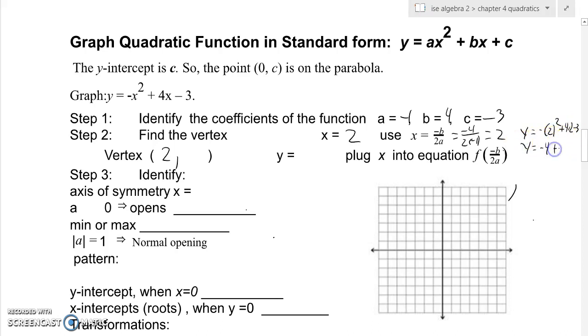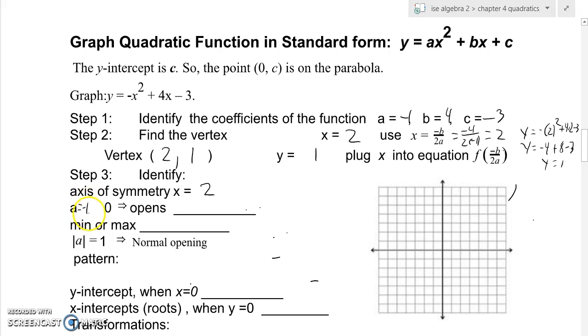Negative 4 plus 8 minus 3. So then we identify the axis of symmetry: x equals the x-coordinate of the vertex.